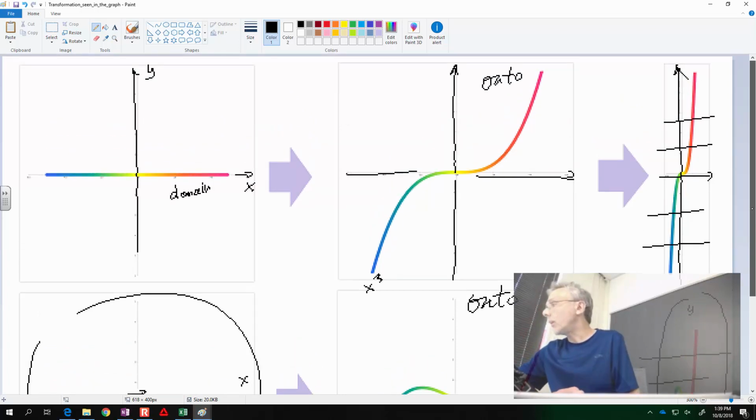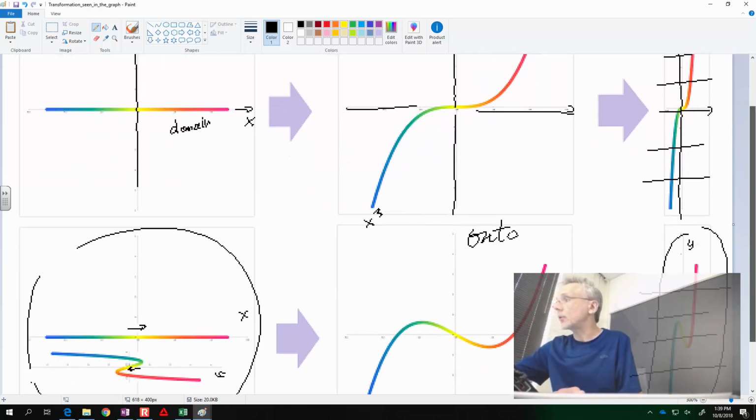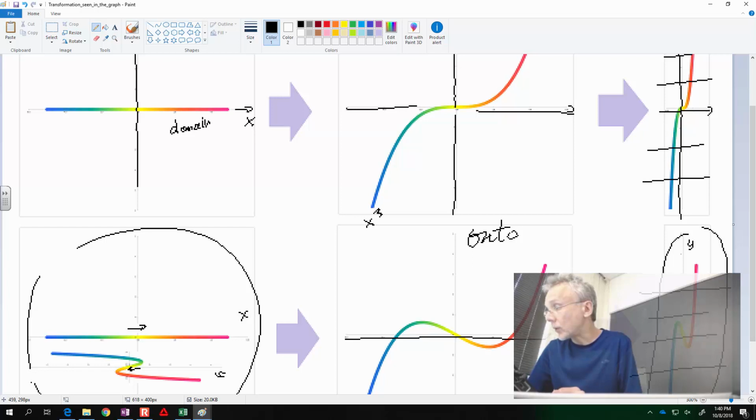But what's the difference between these two? What is that flip, or fold, in the middle, what difference does it make? If you line up the horizontal line on the bottom, there's more than one. That's right.